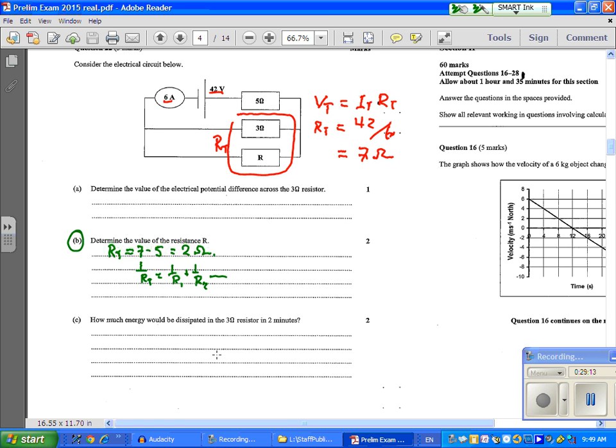So 1 over 2 is going to equal 1 over 3 plus 1 over R. That means 1 over R equals 1 over 2 minus 1 over 3. You obviously have to work in sixths, so you end up with 3 sixths minus 2 sixths, which equals 1 sixth. That means R is going to equal 6.